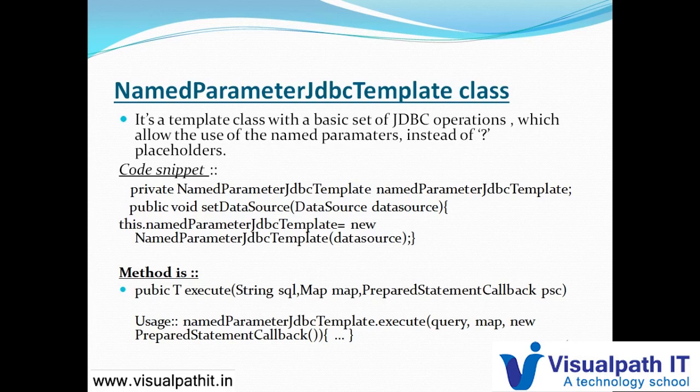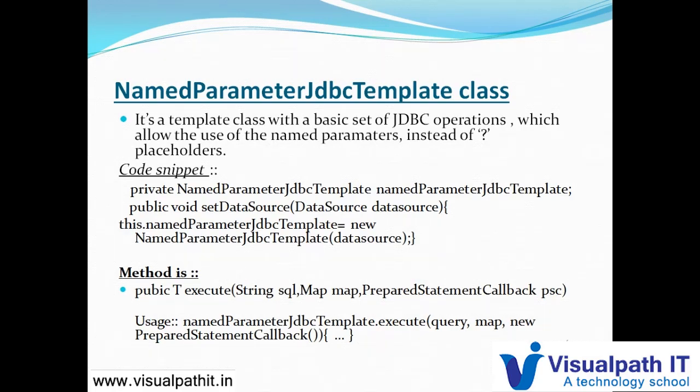Here it uses named parameters instead of the question mark. Once the values of the named parameters are substituted into the JDBC-style question mark placeholders during execution, the instance of this NamedParameterJdbcTemplate class is delegated to the wrapped JdbcTemplate object.